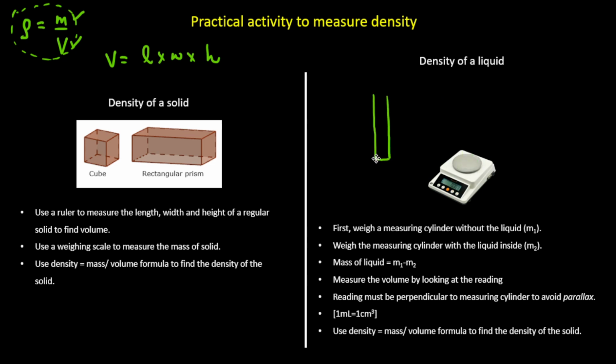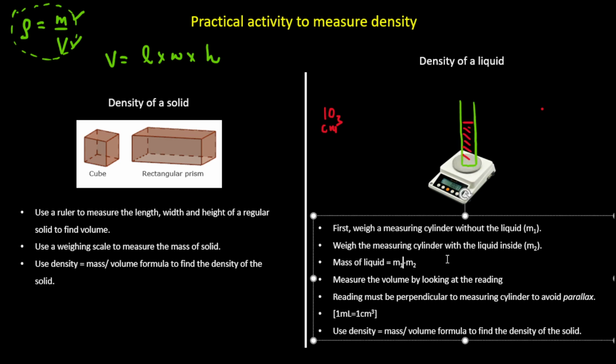Afterwards, you put in the liquid you want to measure. For example, let's say we fill in about 10 centimeter cubed of liquid here. We weigh it one more time, the measuring cylinder with the liquid. So the mass of the liquid now would be mass 2 minus mass 1. I'm sorry for this.